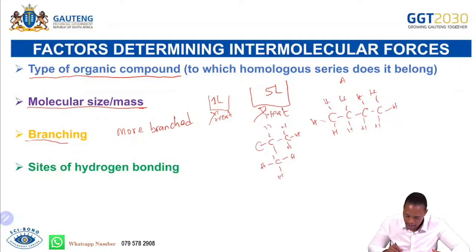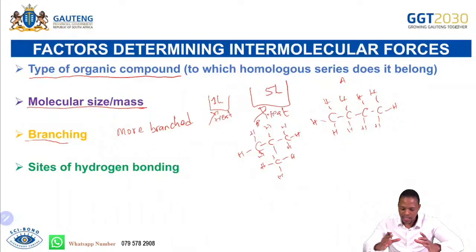I hope you can see that. They all have the same number of carbons, okay? So meaning that in this case, we are comparing the same things because they all have the same number of carbons. However, the difference is that this one is more branched.